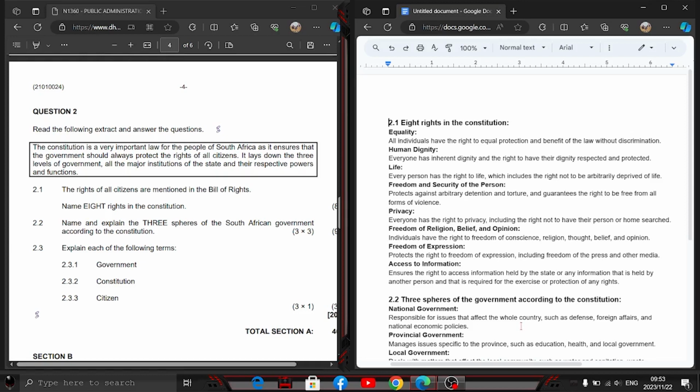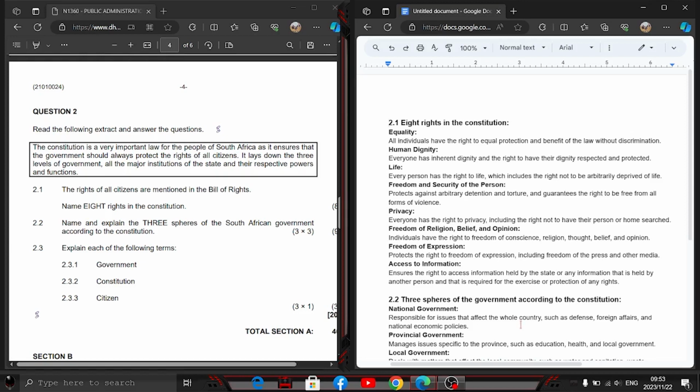I cannot be discriminated against by the law that is supposed to protect me simply because maybe I am a male, or I am of a certain skin color, or I am of a certain age group. If I am a citizen of this country, I am protected by this Bill of Rights, or the Constitution, which I am entitled to.